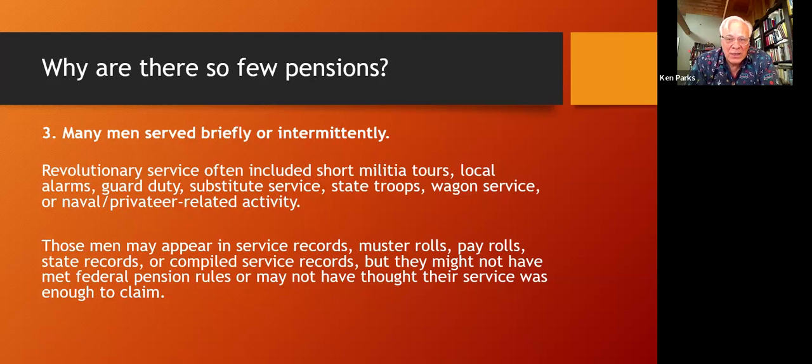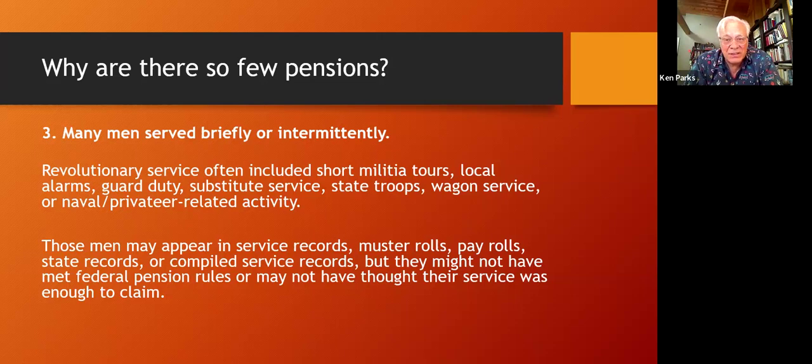Things like that. So it was a very different way of serving, and the militias were sometimes simply called into action when needed, when there was a threat locally, or they served for guard duty, or in state troops, or in non-military but still associated ways with wagon service or even naval and privateer related activity.